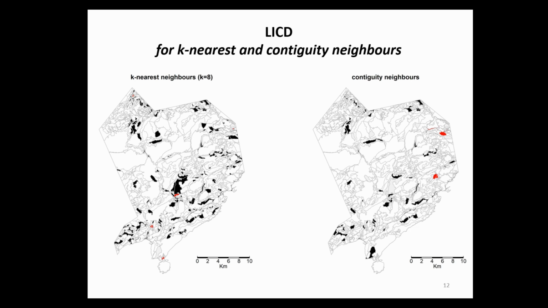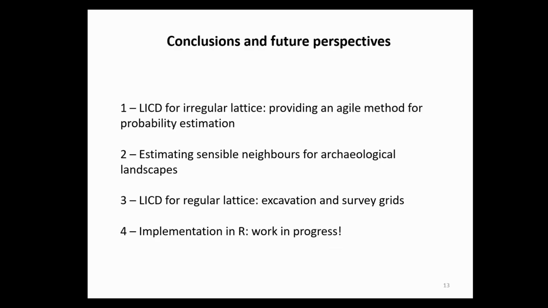So let me see if I have anything to say about that. Otherwise, we go to a conclusion. The main problems here are four, and these are problems that we are trying to address, like two or three problems, and one is the implementation. Number one is that we need to provide an agile method to estimate statistical significance.